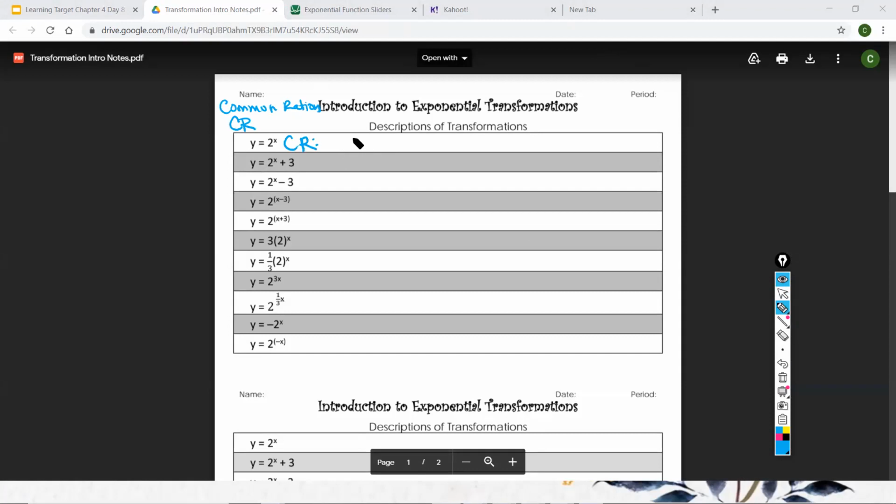Then I want you to put the initial value. Then I want you to put the horizontal and the vertical shift.